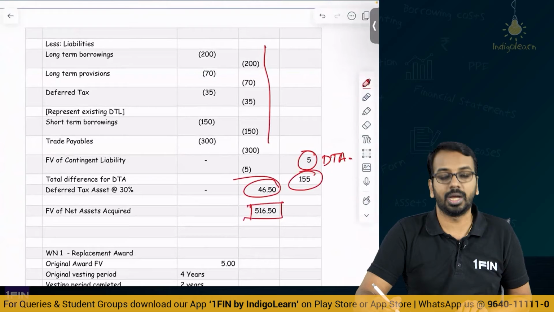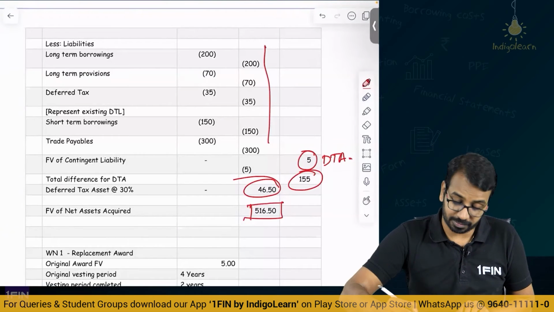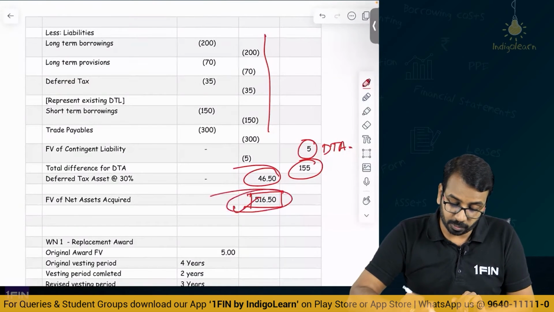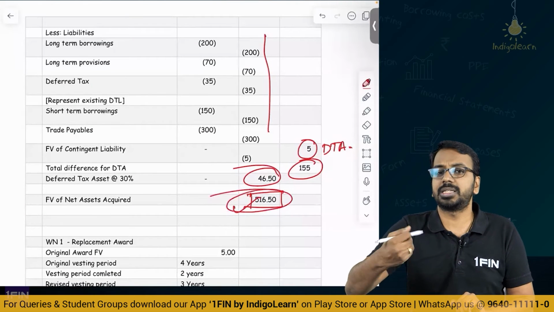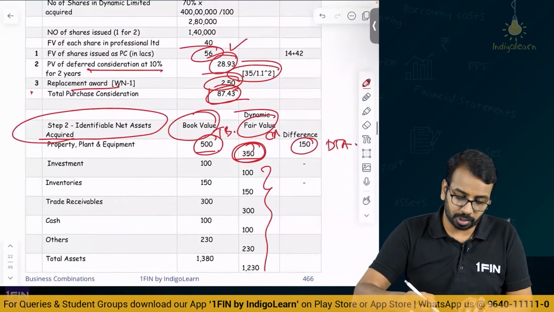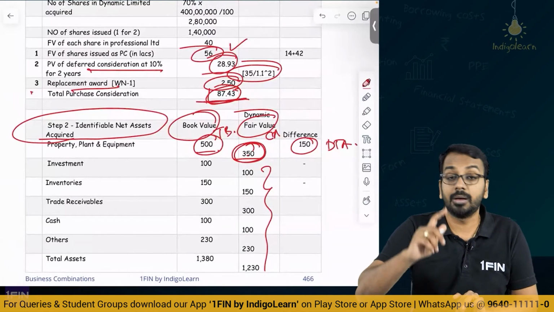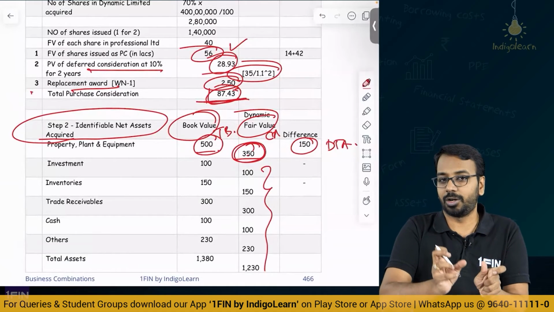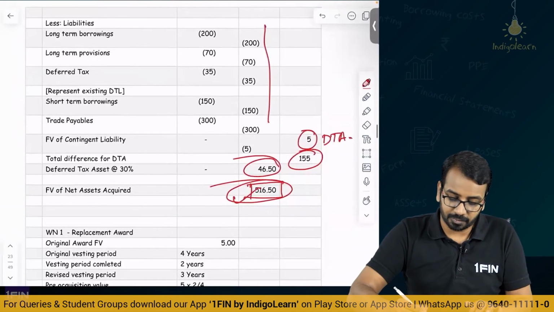If you add both of these, you get 516.5. This is the identifiable net assets. So the net asset acquired is 516.5. Now this net asset acquired, what you will do is, you will compare with what you have paid, 87.43 plus the non-controlling interest. How much we have paid plus what is the non-controlling interest, that you will compare with 516.5.